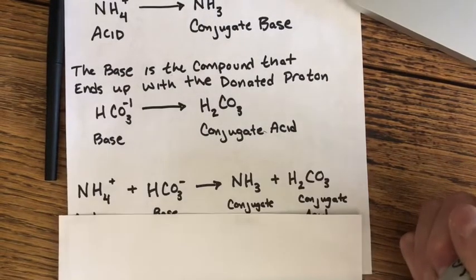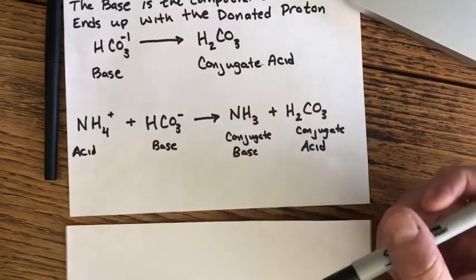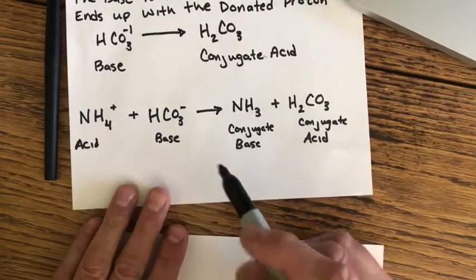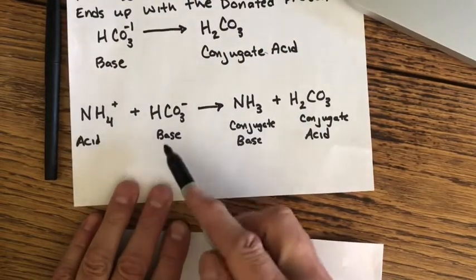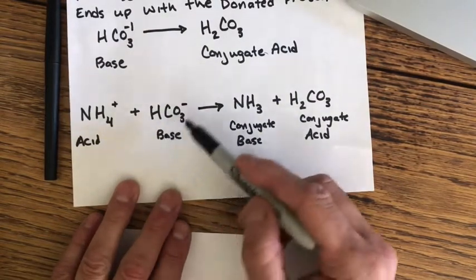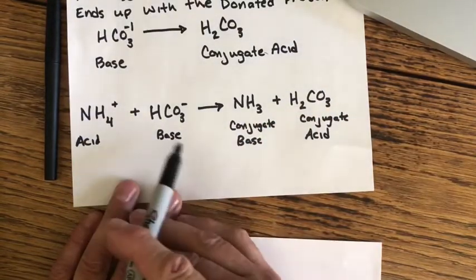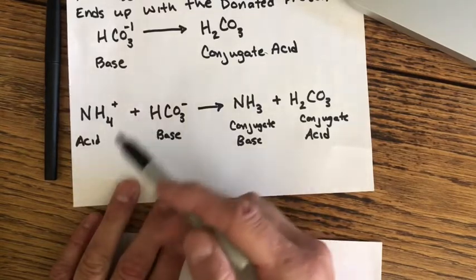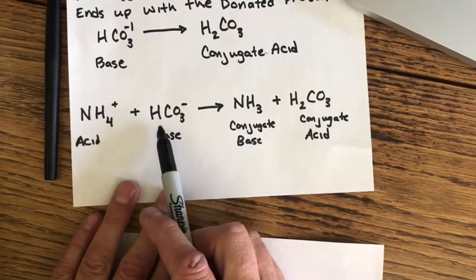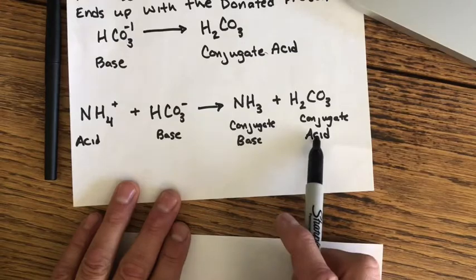Okay, so let's look at the full Bronsted-Lowry acid-base reaction between the base and the acid that we just talked about. So here's our ammonium, and here's our hydrogen carbonate, which is ionic. Got a funny formula for that one. But anyway, these two ions are going to go through this acid-base reaction where ammonium is going to give away a hydrogen ion to the base to create our conjugate base and our conjugate acid over here.